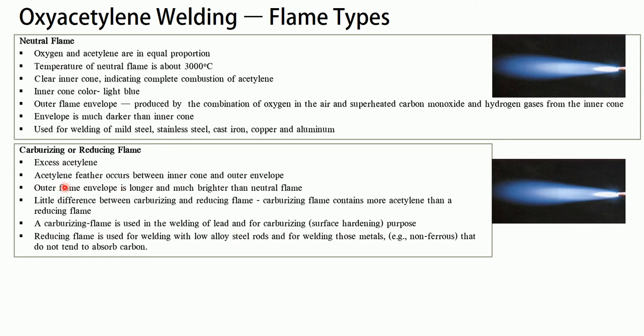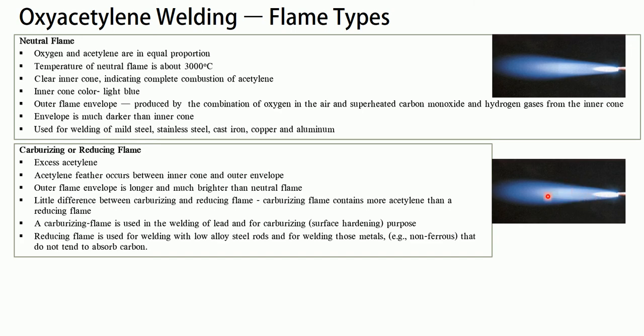In this type of flame, an acetylene feather occurs between the inner core and the outer envelope. This one is the inner core and this one is the outer flame, the outer envelope. In between these two, there will be a clear formation of acetylene feathers.